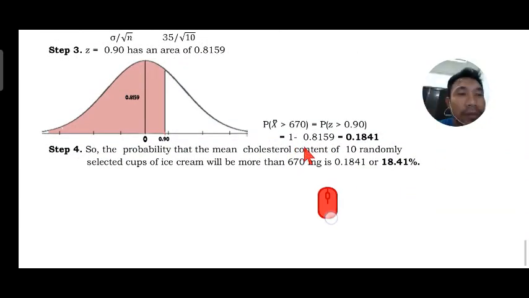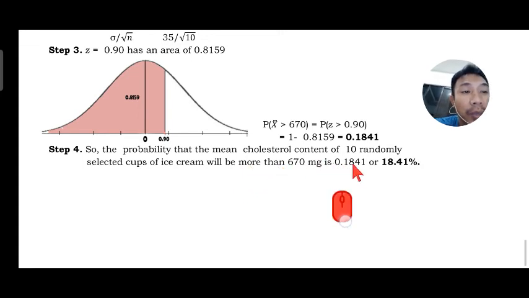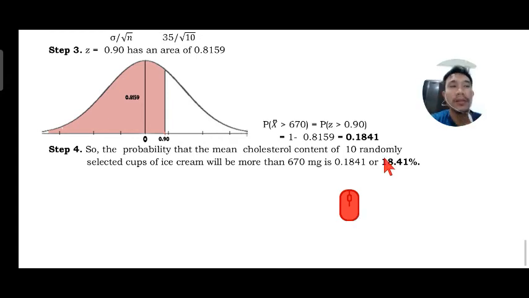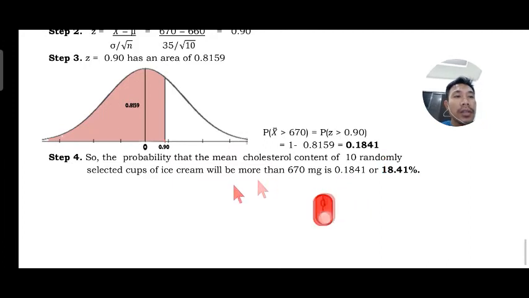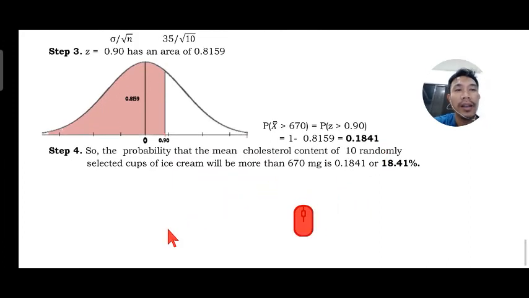Okay, so the probability that the mean cholesterol content of 10 randomly selected cups of ice cream will be more than 670 is 0.1841, or 18.41%. Okay, so that's all for our central limit theorem.